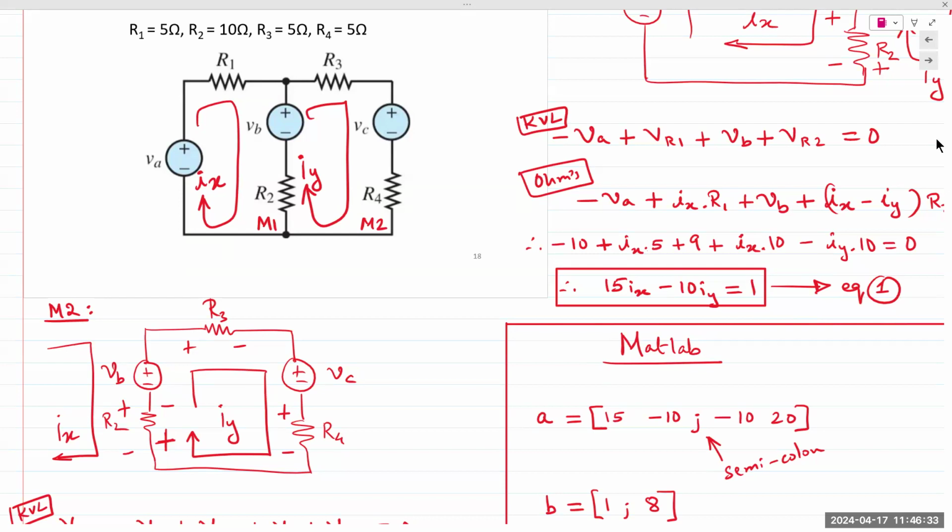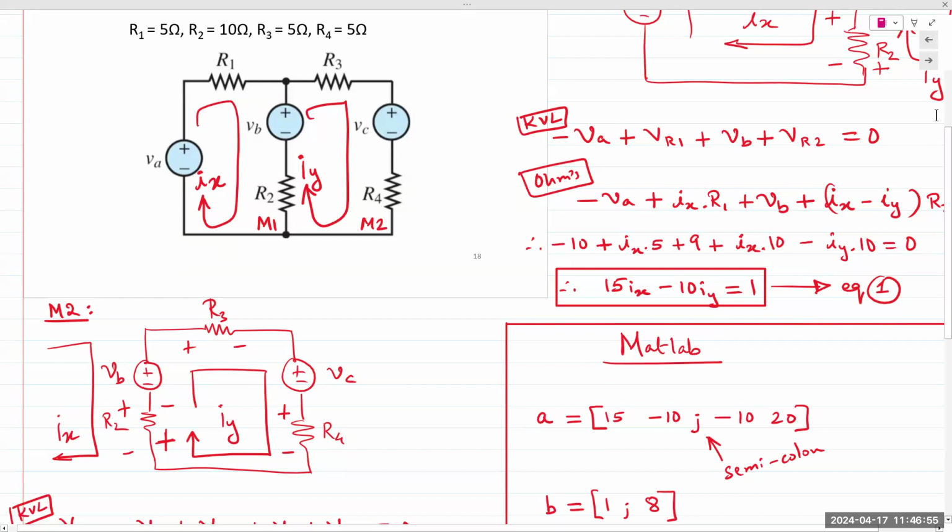And that is the answer. We would go with whichever method has the least amount of variables. It also depends on whether the circuit has voltage sources or current sources in it. That is also a factor in consideration.